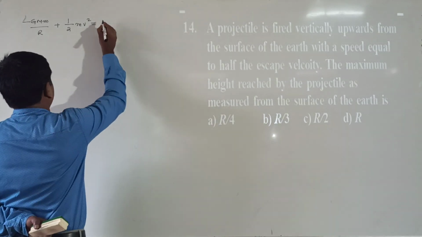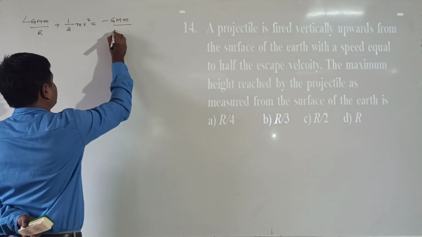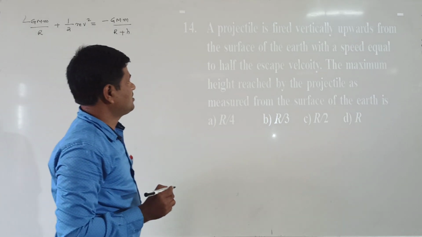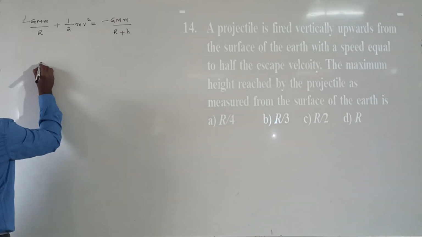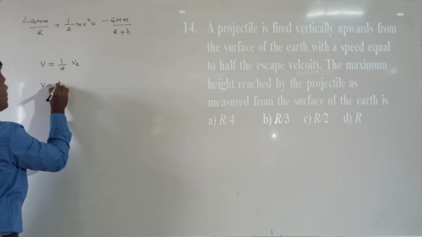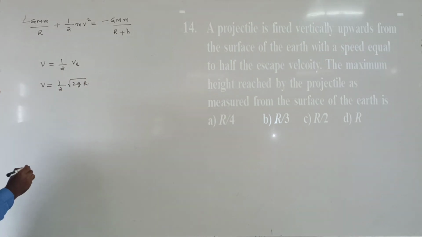But at the maximum height, it has only potential energy, because velocity is 0 and kinetic energy is 0, and it is at R plus h. Now the other given condition is that the speed is half of the escape velocity. So v is equal to half of the escape velocity, v equals half into under root of 2 g R. This is the escape velocity formula.